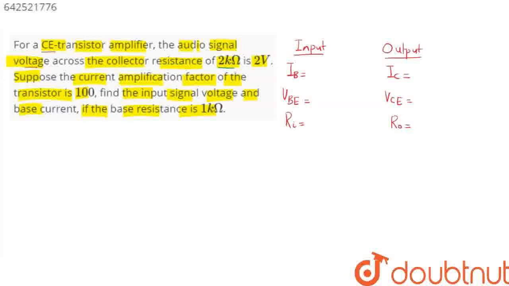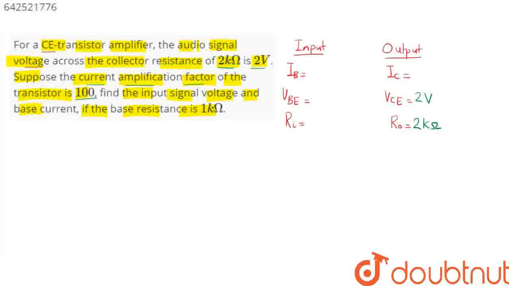So collector resistance of 2 kilo ohm is the collector resistor, meaning output resistance. Similarly, the output voltage is our 2 volt collector voltage, and in the question it is given that the current amplification factor of the transistor is 100.